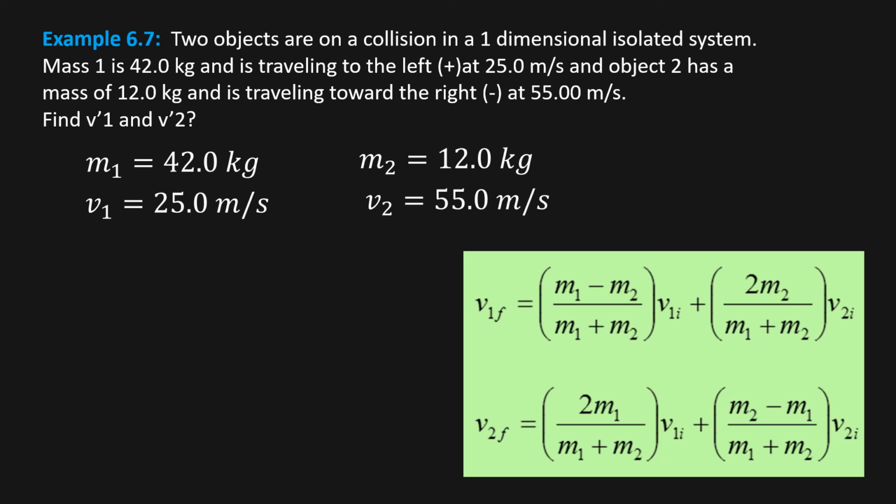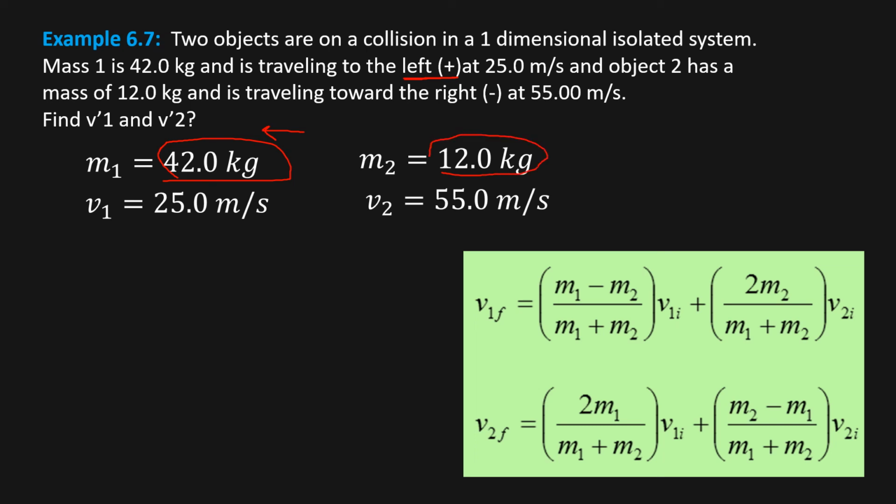Now, in this problem, let's take a very close look at what the directions are. Mass 1, 42 kilograms, is traveling to the left. Object 2 has a mass of 12 kilograms and is traveling to the right.